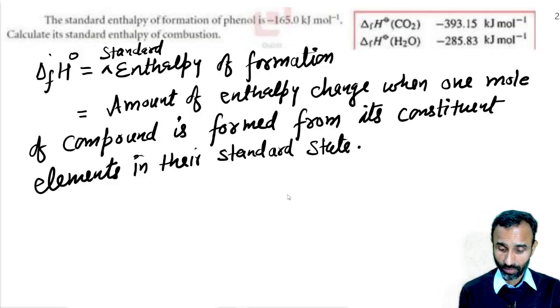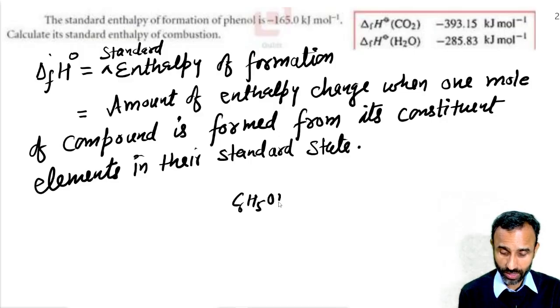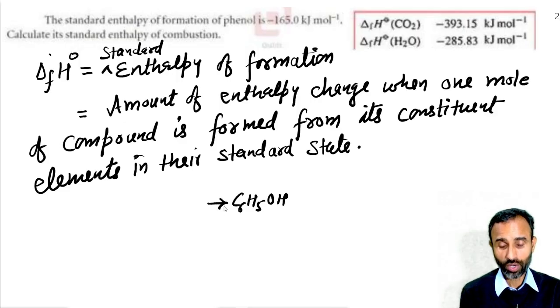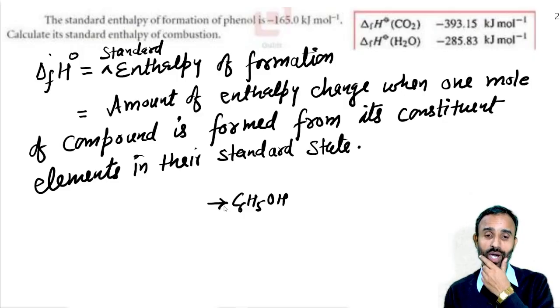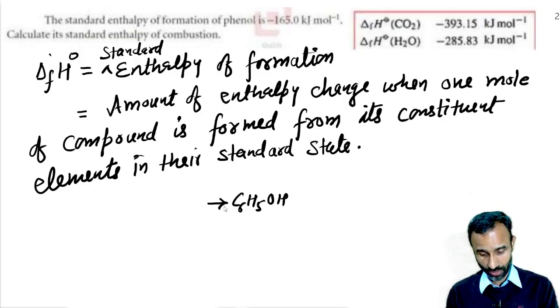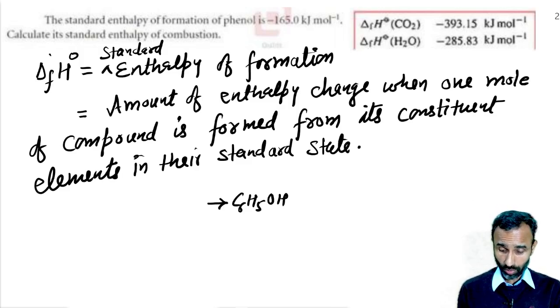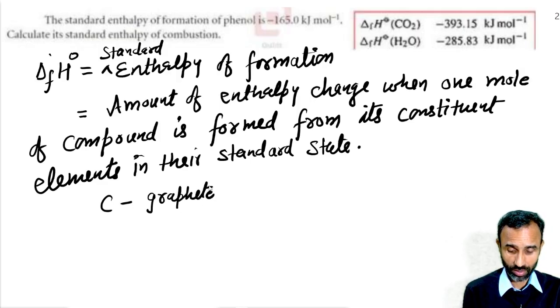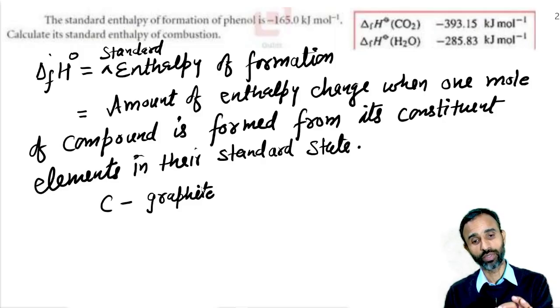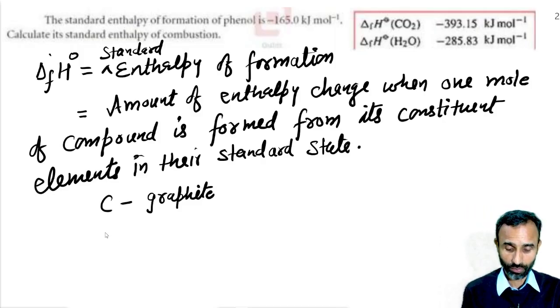So see, we have phenol, C6H5OH. So what are the elements involved? And what is the standard state of carbon? Keep in mind the standard state of carbon, because it has allotropic forms, diamond and graphite. So carbon is graphite.